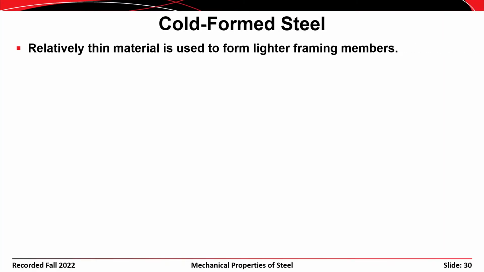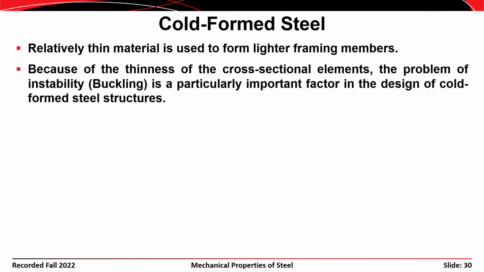Another category of steel products for structural applications is cold formed steel. Structural shapes of this type are created by bending thin material such as sheet or strips or sometimes plates into the desired shape without reheating them first. Because of the thinness of the cross-sectional elements, the design of these members is typically governed by instability or buckling, and that's something that's unique about cold formed steel.